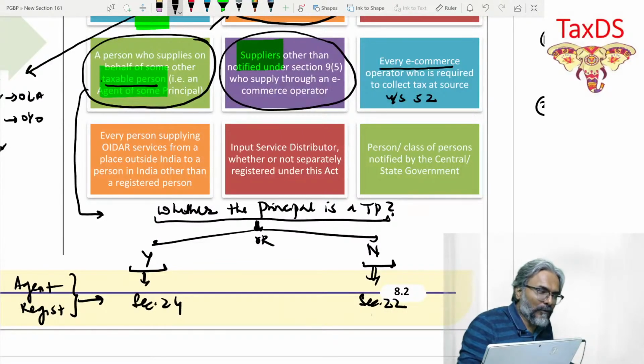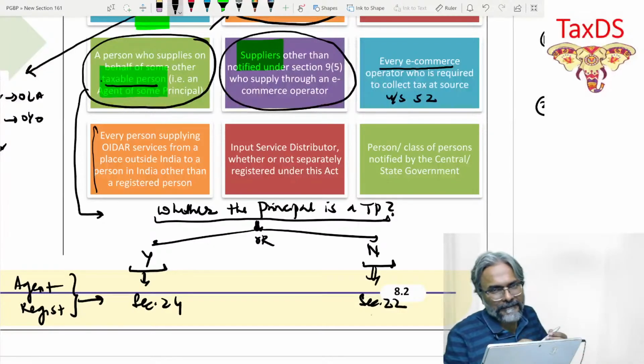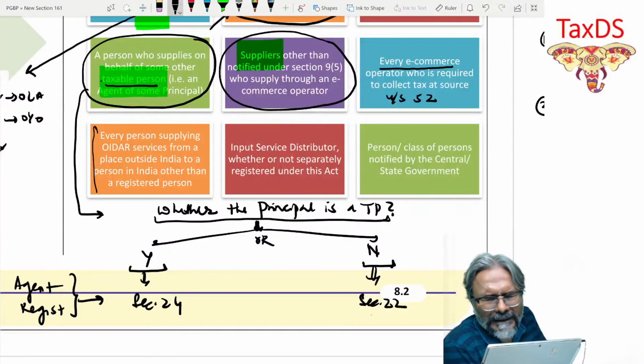Now, just have a look over here. Every person supplying OIDAR service from a place outside India to a person in India other than a registered person, that is, a non-taxable person.